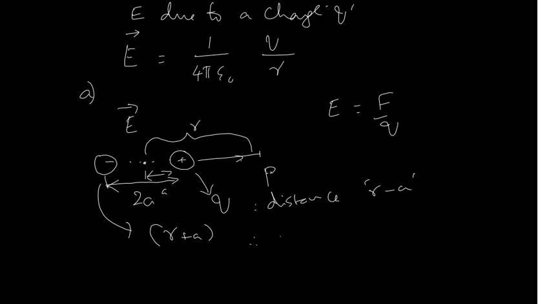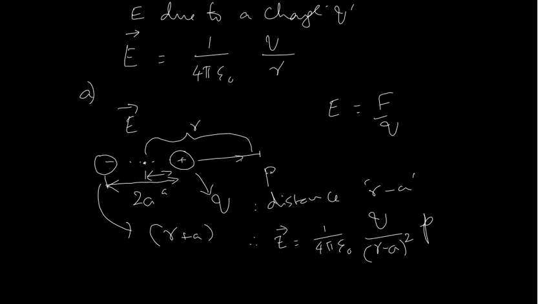Therefore E will be 1 by 4 pi epsilon naught, Q divided by R minus A whole squared, into this moment. We talked about moment, right? Q into 2A. In the second case, it will be R plus A whole squared.